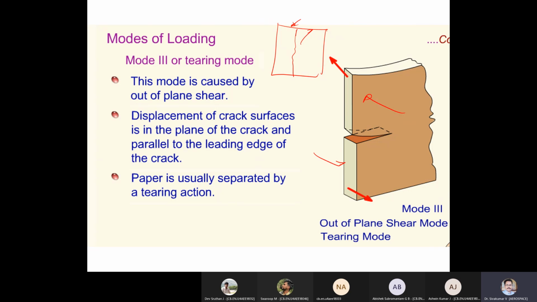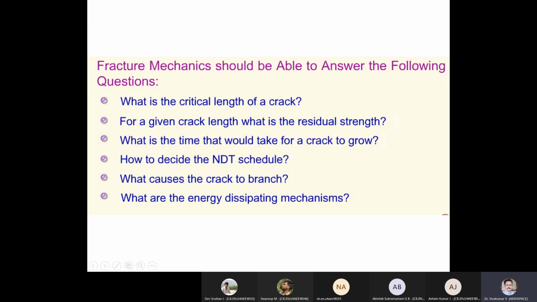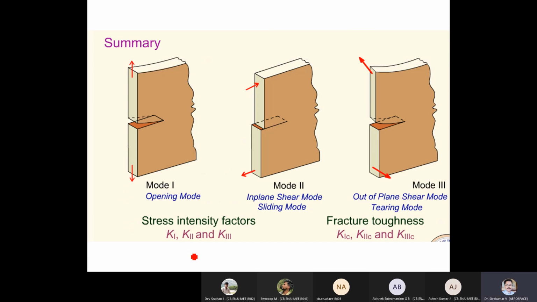These three types of loadings are very, very important, because the whole of fracture mechanics we are going to discuss is about these points only. There are factors called stress intensity factors. Similarly, fracture toughness. These are all very, very important.